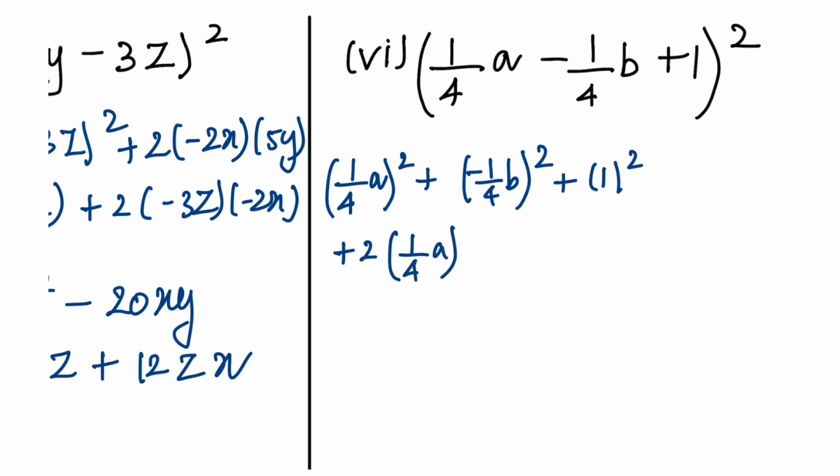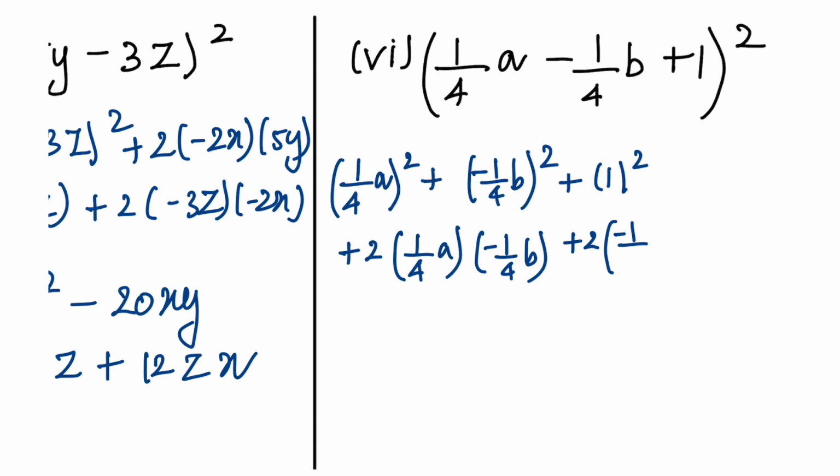So 1 by 4a into minus 1 by 4b plus 2 into yz, right? So minus 1 by 4b into 1 plus 2 into 1 into 1 by 4a.